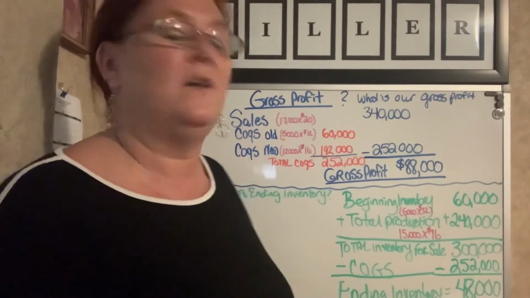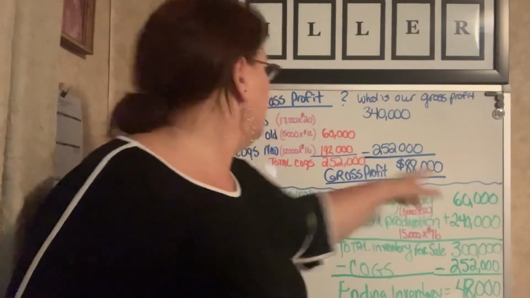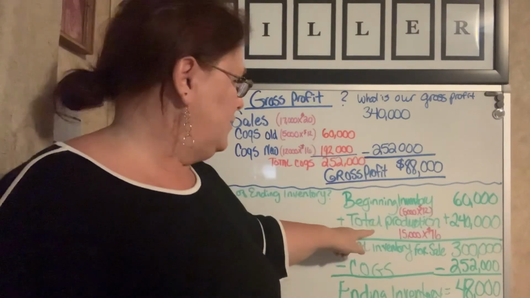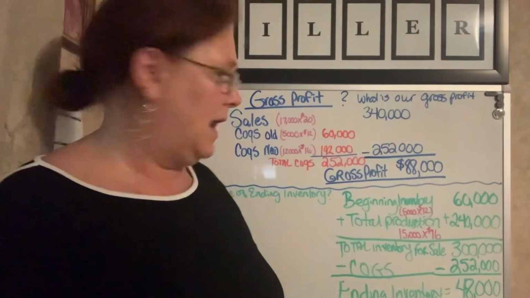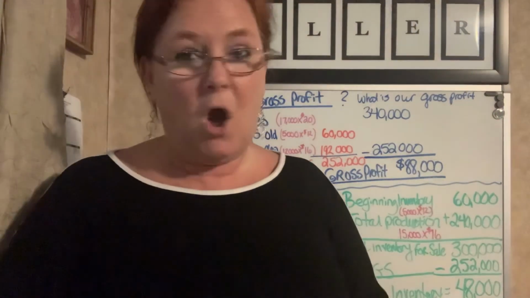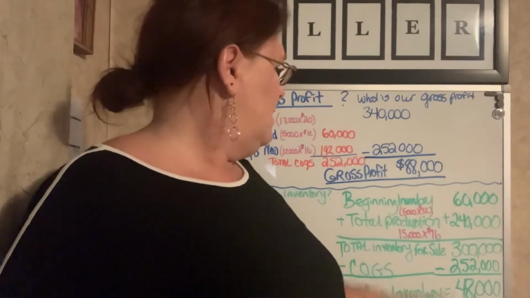That is gross profit. For your ending inventory, we take our beginning inventory that we would have up here anyway, 60,000. You'd have your total production, the numbers that they give you in the textbook. They told you that you produced 15,000, and they told you that it cost $4 more for that material. So you have to add that in.